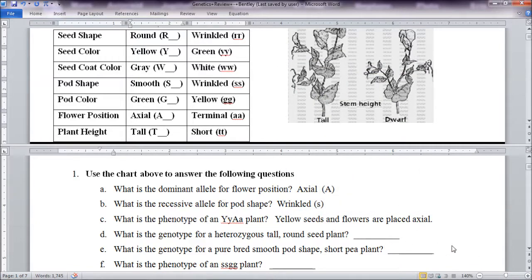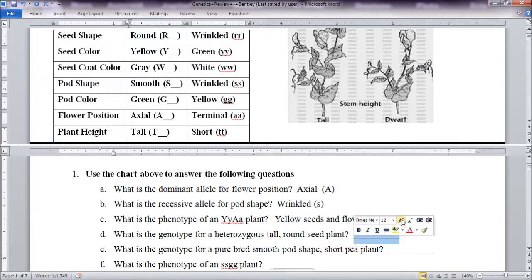So continuing on, what is the genotype of a heterozygous tall round seed plant? Okay, so first of all, the key here is our heterozygous. That's going to be describing the genotype. So yes, the phenotype, what it physically looks like, is tall.